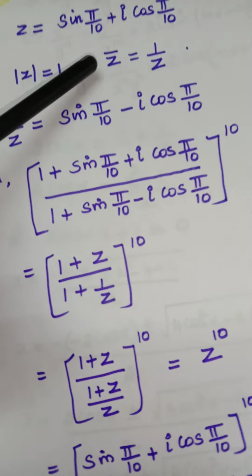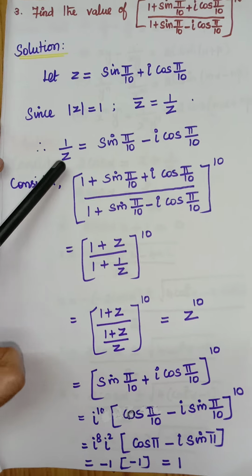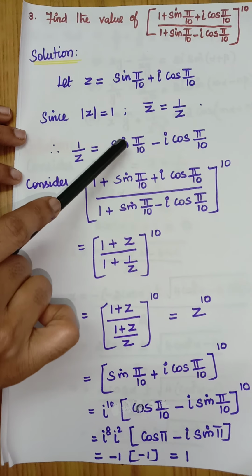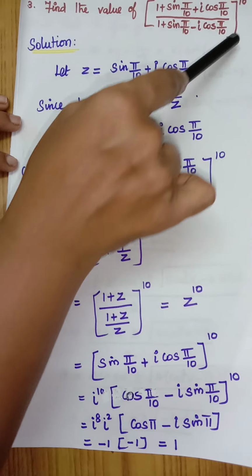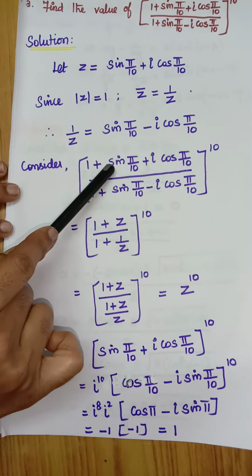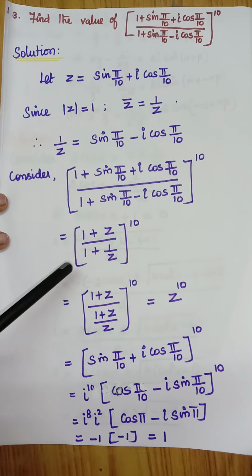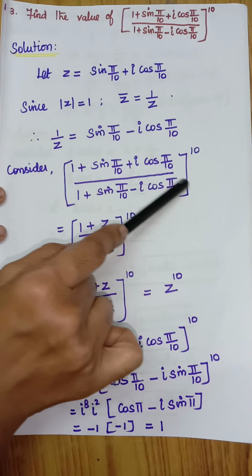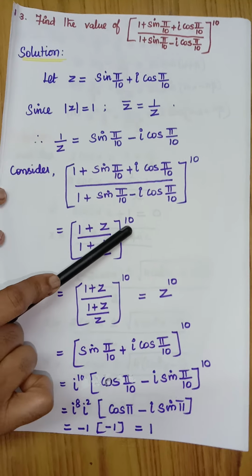What is 1 by Z here in this problem? It is Z bar. So 1 by Z is equal to sin pi by 10 minus i cos pi by 10. Consider the whole term. So 1 plus this is nothing but Z, divided by 1 plus this, which is nothing but 1 by Z, the whole power 10.